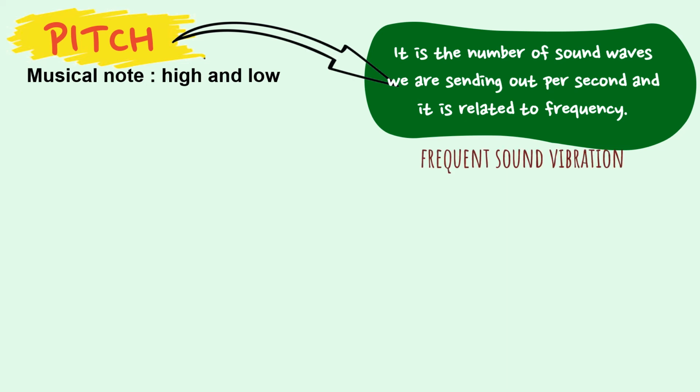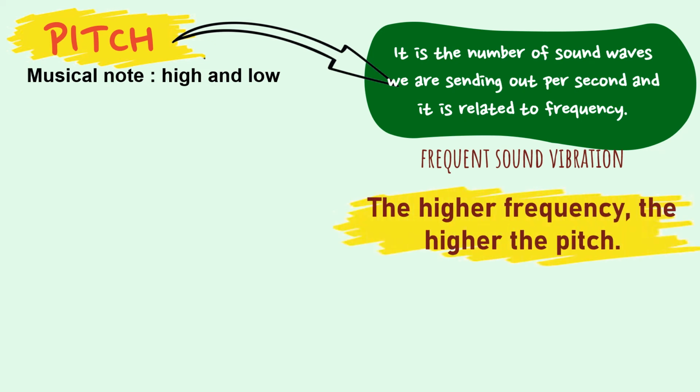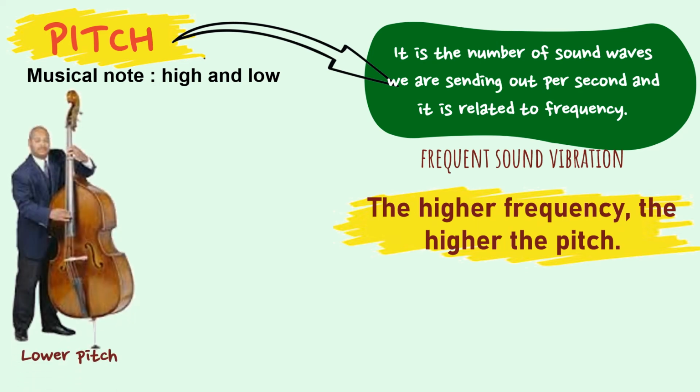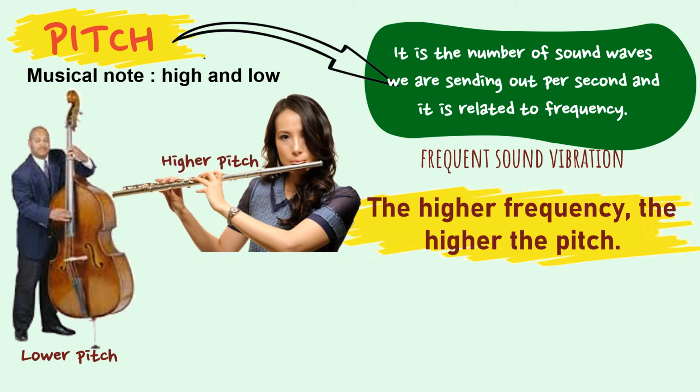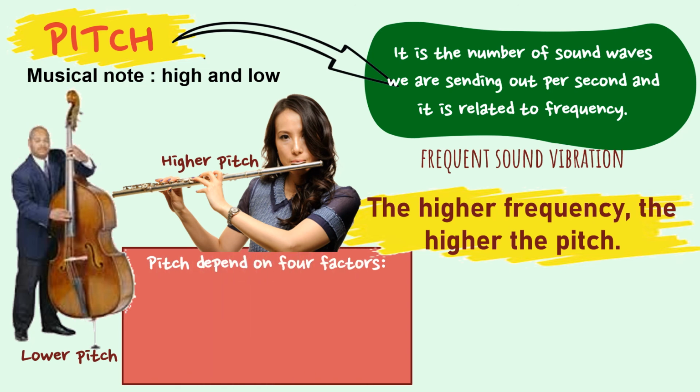This means that pitch depends on the frequency of sound vibrations. Generally, big instruments produce lower pitches, and smaller instruments tend to produce higher pitch. To produce a high pitch note, one must vibrate something very fast, just like the air in the flute. The higher the frequency, the higher the pitch.